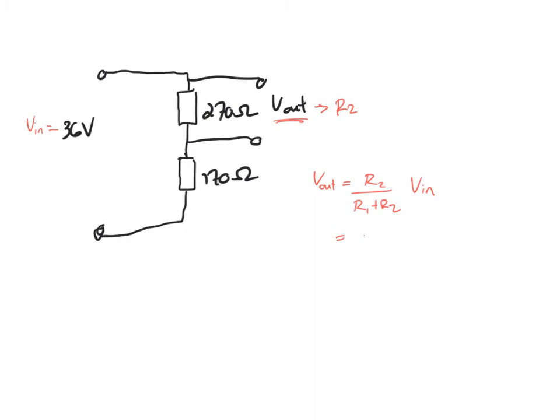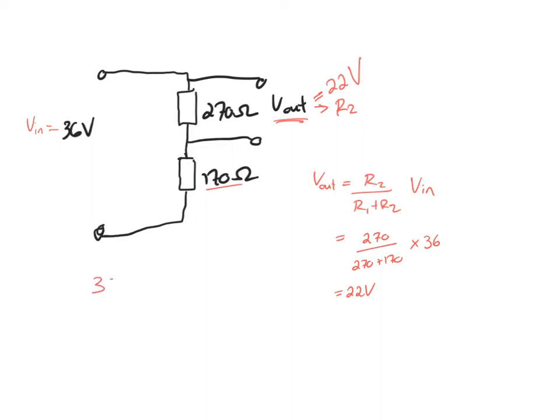We have 270 divided by 270 plus 170 times the potential difference in, which should give you 22 volts. So we know that the V out is 22 volts, and if we wanted to find out how much potential difference across this other resistor, which is a lower resistance, so we should expect a lower potential difference across it, you use Kirchhoff's second law.